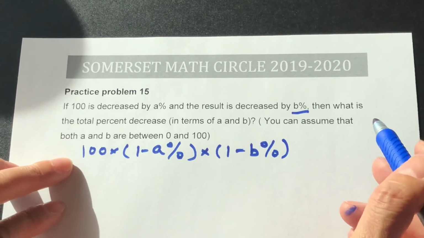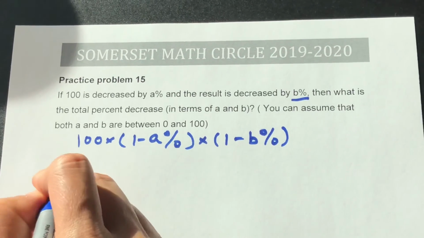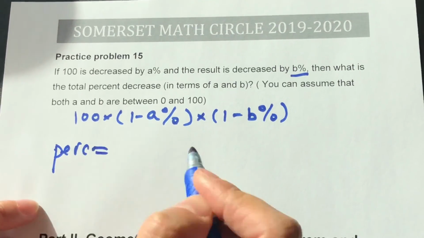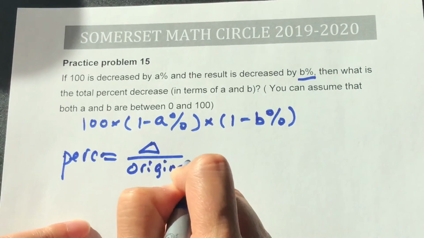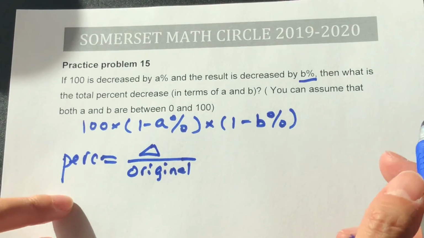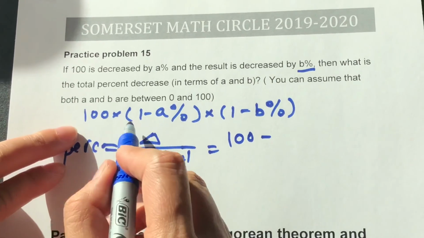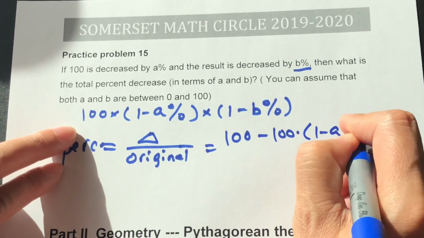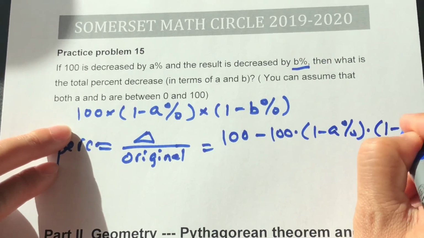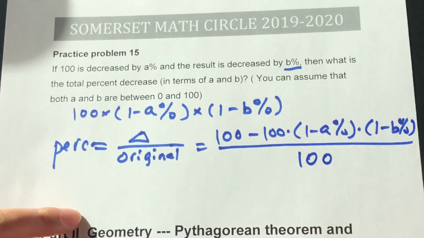Okay? Then the total decrease in percentage is delta over original number. Okay? The delta now is original minus this new number, 1 minus 8% multiply 1 minus B% over original, that's 100.